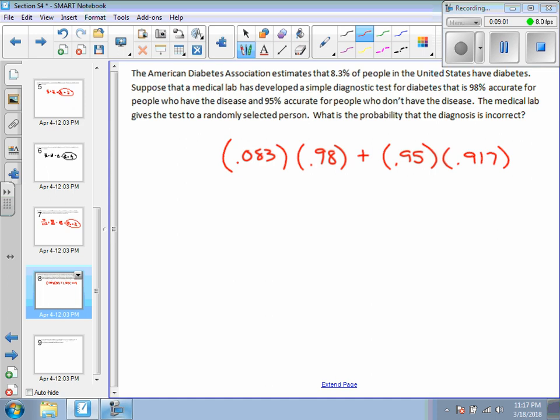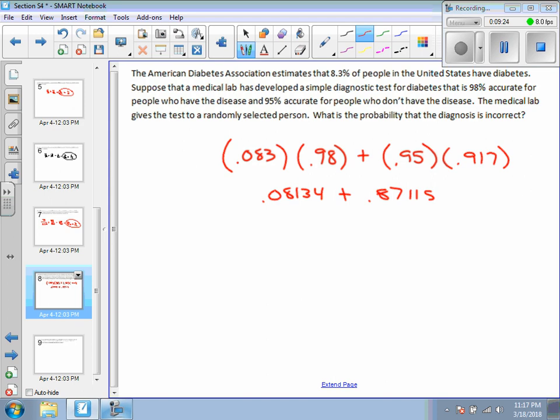So I'm going to take 0.083 and multiply it by 0.98. That gives me 0.08134. At the same time, I'm going to take the 0.95 and multiply it by 0.917. And that is going to give me 0.87115.